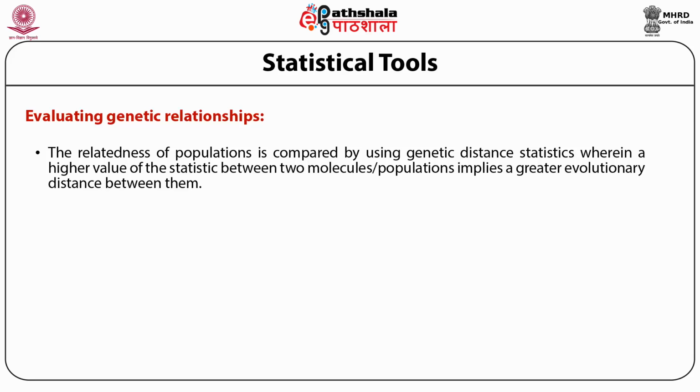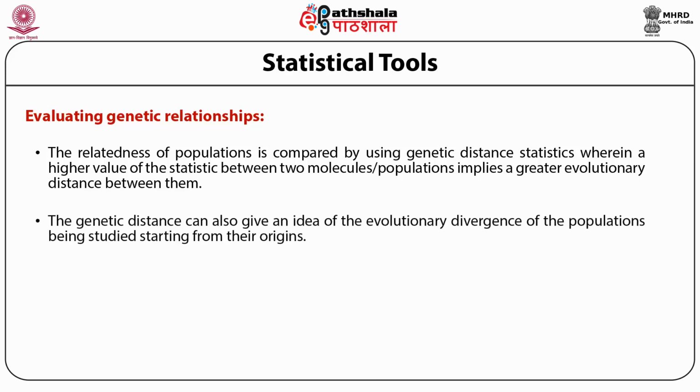Assuming that a group of populations are being studied, pairwise comparisons are made to examine the population structure and molecular diversity between the populations under investigation. The genetic distance can also give an idea of the evolutionary divergence of the populations starting from their origins.